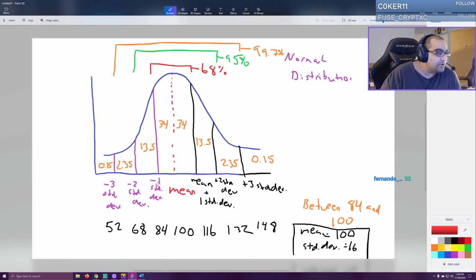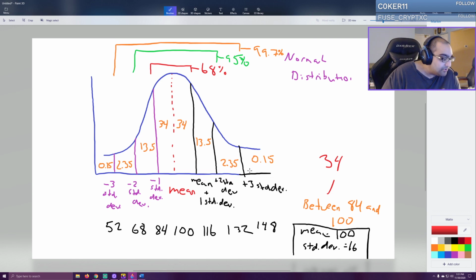Well, 84 is right here, this purple line, -1 standard deviation. And 100 is right smack dab in the middle. So the percentage between the purple line and the dotted line is going to be 34%. So that's straight up 34 based on what we see here.